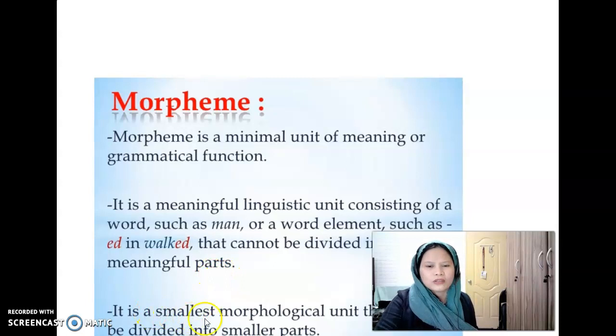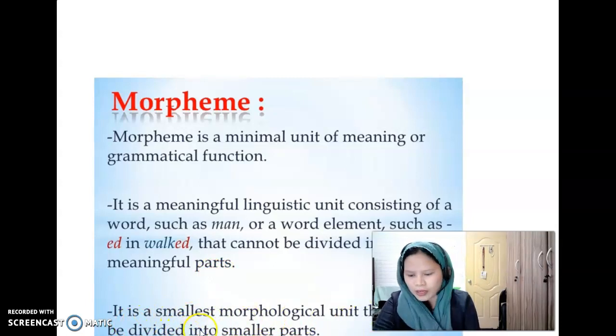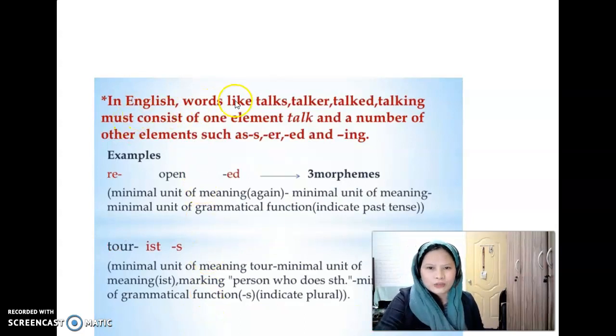So it is also the smallest morphological unit that cannot be divided into smaller parts. In English, words like talks, talker, talked, talking, from its root word talk, you can make different meanings from the suffixes that you can add, such as s, er, ed, or ing.